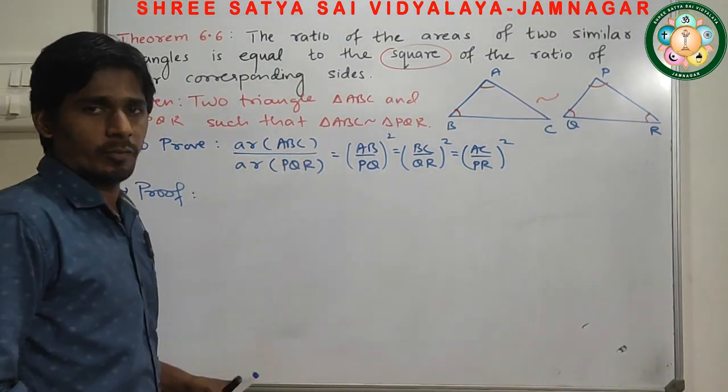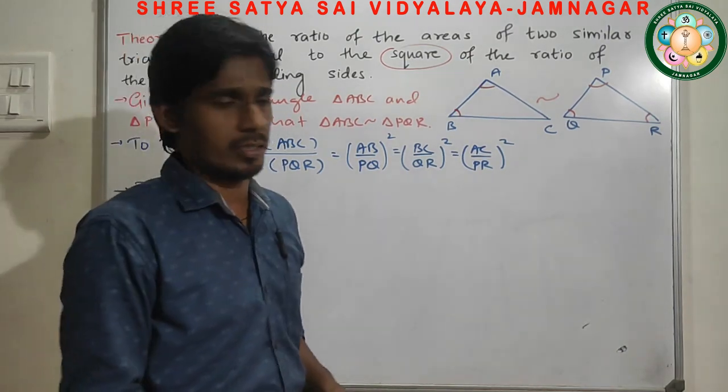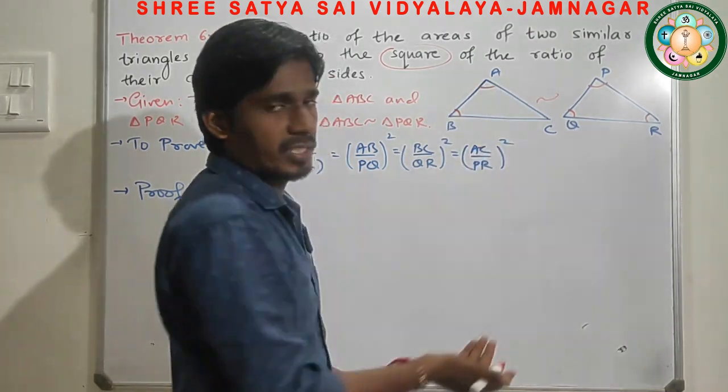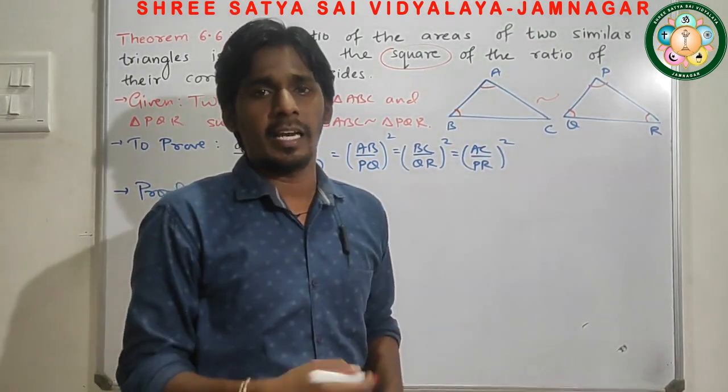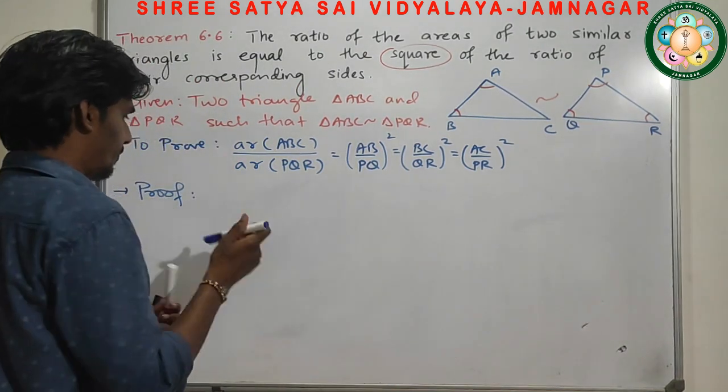Now to find the area of any triangle, we should have what? Either height or base, to use half base into altitude. Here bases are there, three bases are there, but we don't have any altitude. So we are going to draw that.